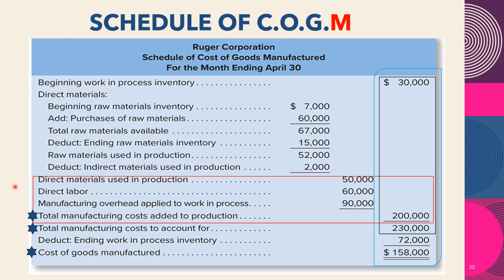As we just mentioned, direct material used in production, direct labor, and manufacturing overhead applied to work in process are called total manufacturing costs added to production. This total plus beginning work in process inventory is equal to total manufacturing costs to account for. Then you deduct ending work in process inventory, you will get cost of goods manufactured.